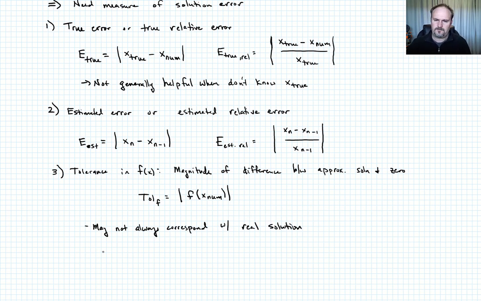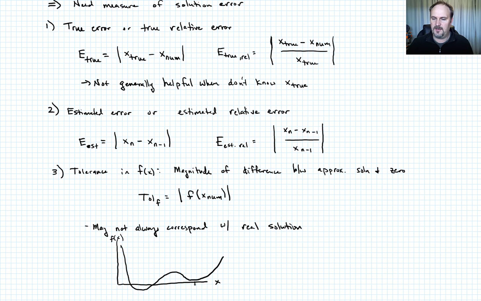Let me give you an example of why that tolerancing might not be the best. If this is my real function, so there's x, and here's f of x, and let's say I come down here, come over here, come down, something like that. I may be in this location.